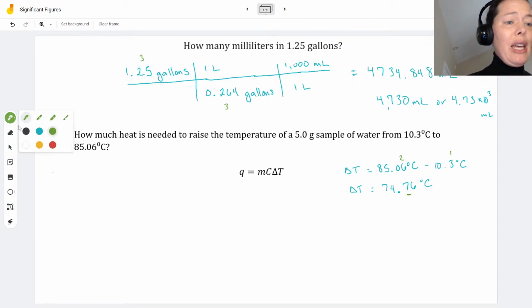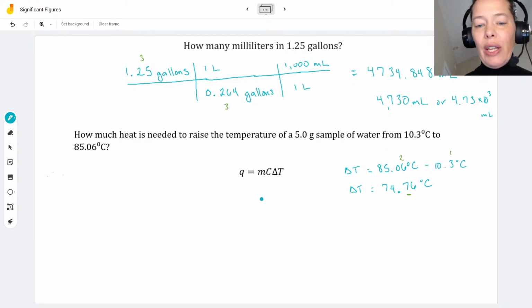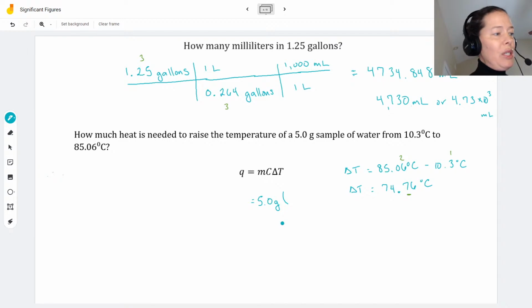Okay, so let's plug in our numbers into our Q equals MC delta T. And again, we'll move forward with that 74.76, but a reminder that we need to round to that tenths place. Okay, so in this case, we have a mass of 5.0 grams, and the specific heat of water.